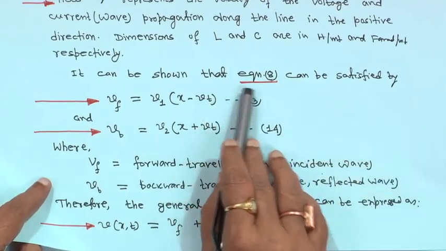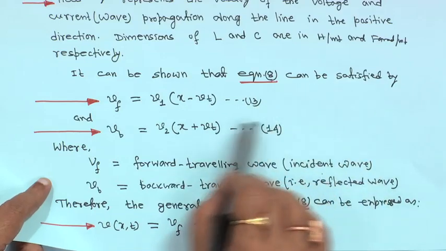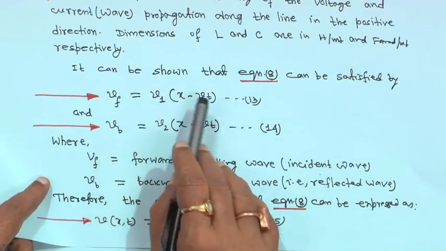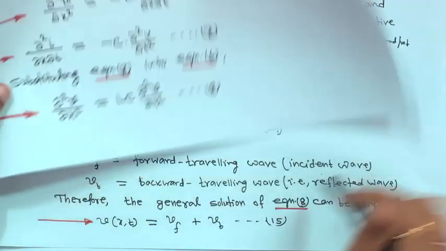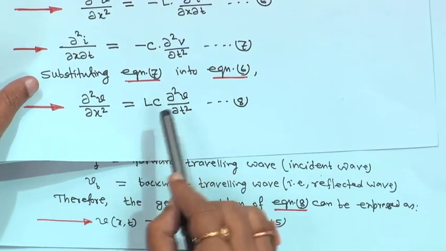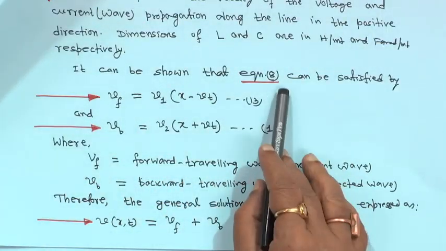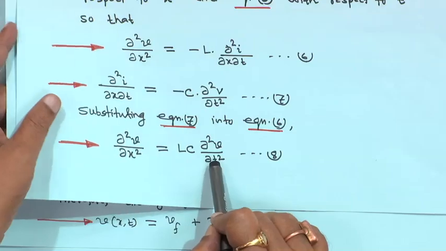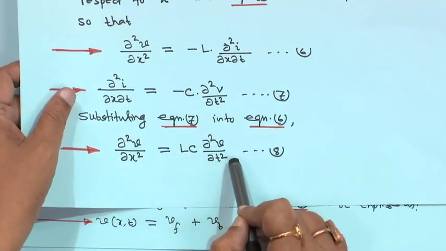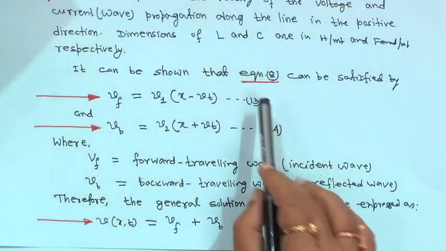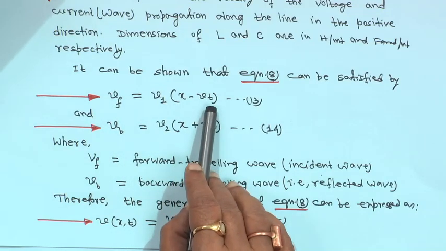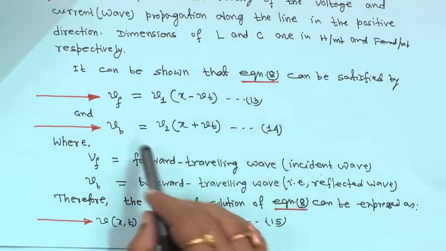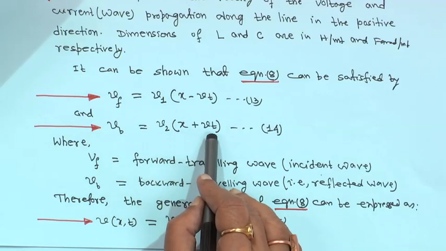So, it can be shown that equation 8 can be satisfied by V f is equal to V 1 of x minus V t, that is 13, and another, V b is equal to V 2 of x plus V t, that is 14.